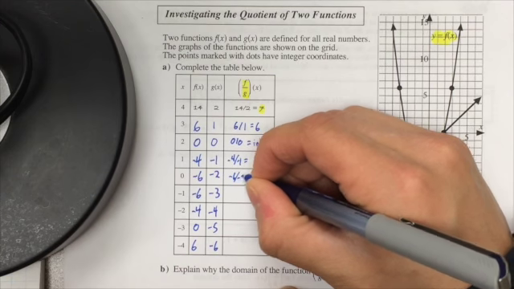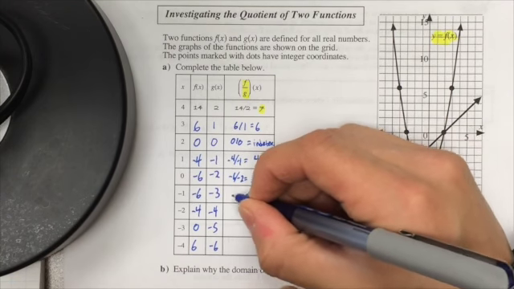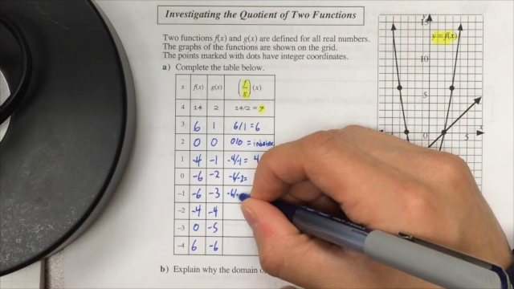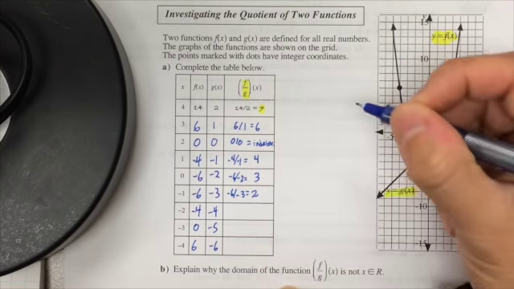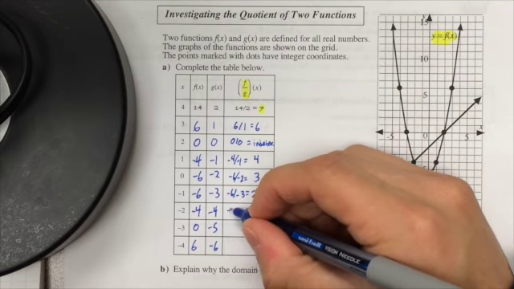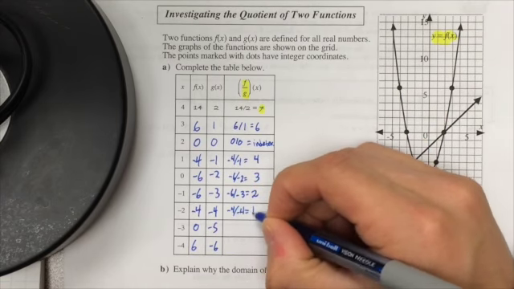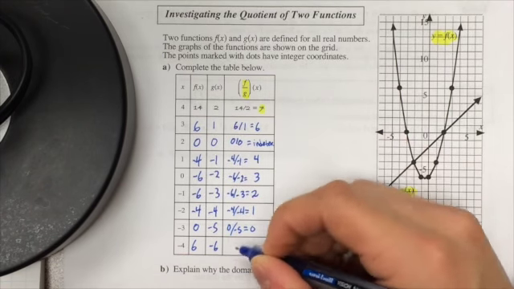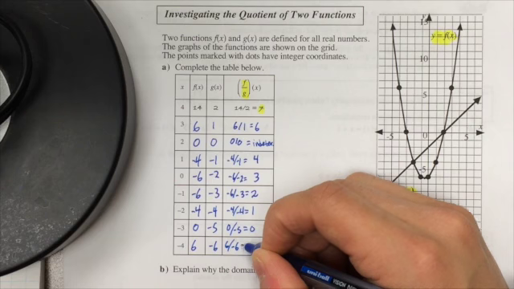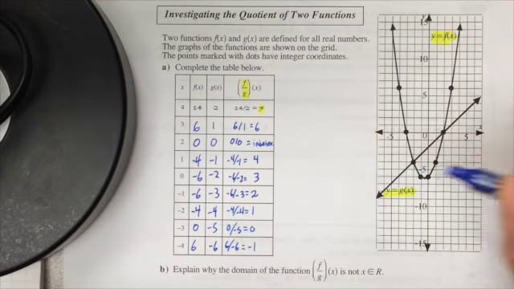Negative 6 divided by negative 2, we're going to get 3. Negative 6 divided by negative 3, we're going to get 2. Negative 4 divided by negative 4, we'll get 1. 0 divided by negative 5, we get 0. And 6 divided by negative 6, we are going to get negative 1.